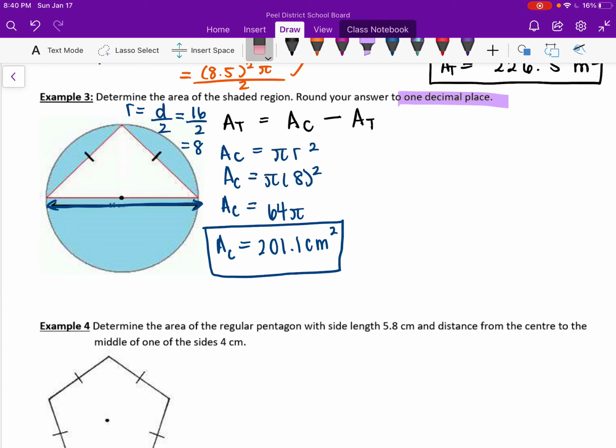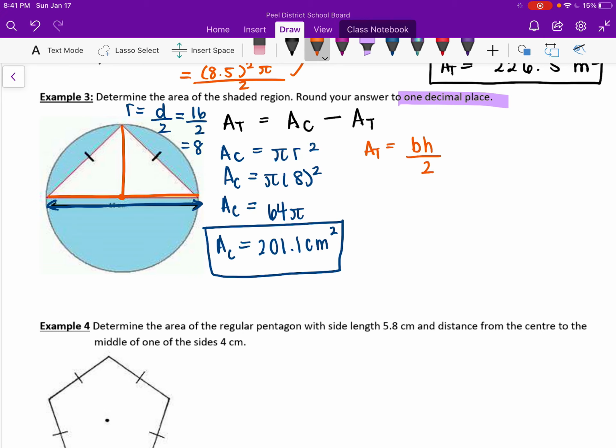Now, like I said, we need to do a little bit more work to find the area of the triangle, but that's okay. When I look at my formula sheet here, the formula for a triangle is area is equal to base times height divided by 2. So I know my base is here, and my height is like that.